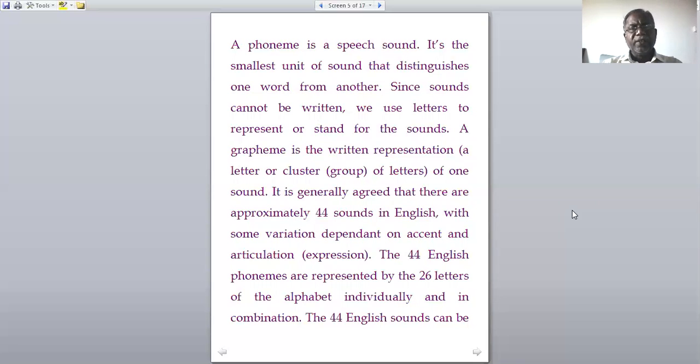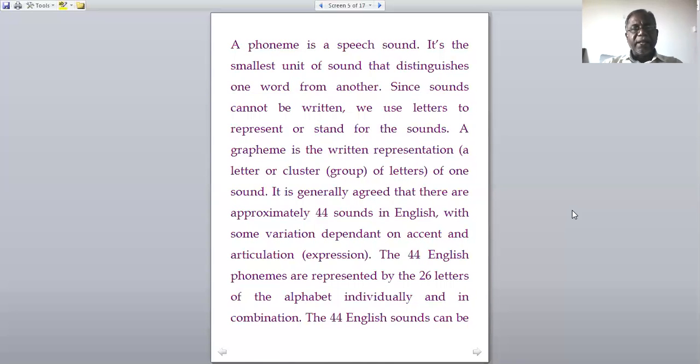A grapheme is the written representation, a letter or cluster, that means a group of letters. Sometimes a single letter will also give meaning, and sometimes a group of letters, for example the word W-O-R-D, word.